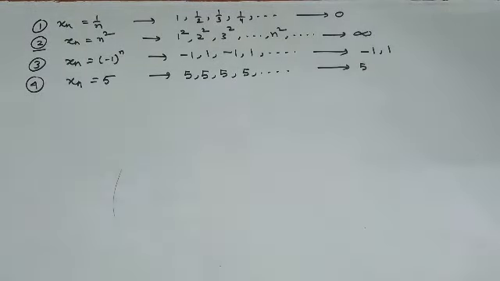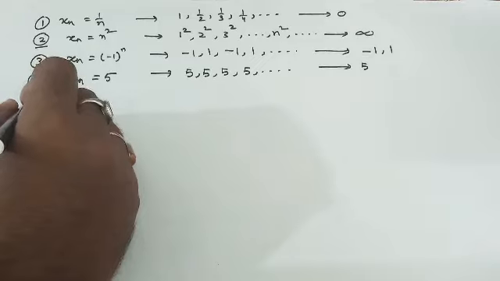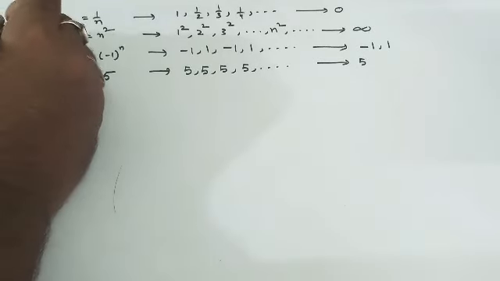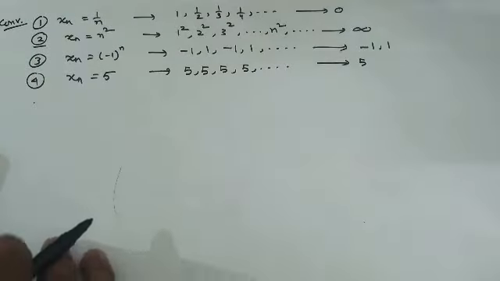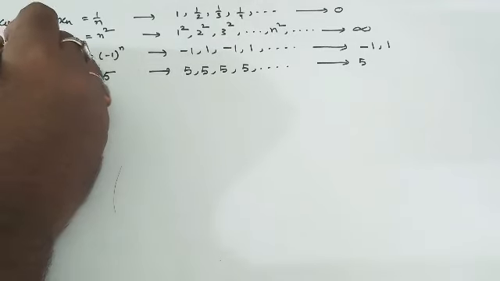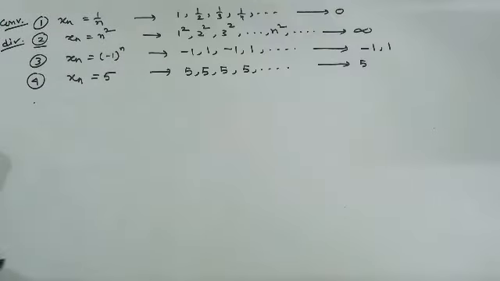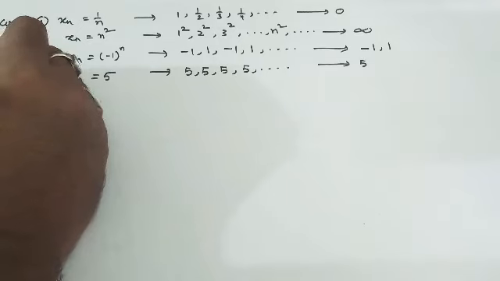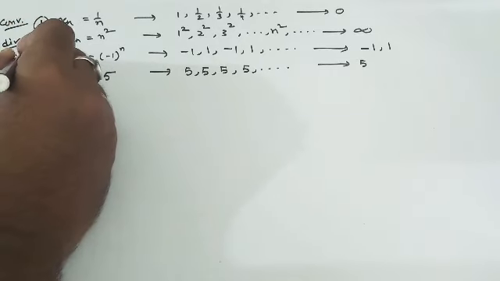The first one is an example of a convergent sequence. Second one is an example of a divergent sequence. Third one is an example of an oscillatory sequence.